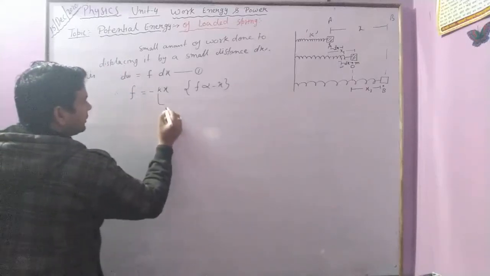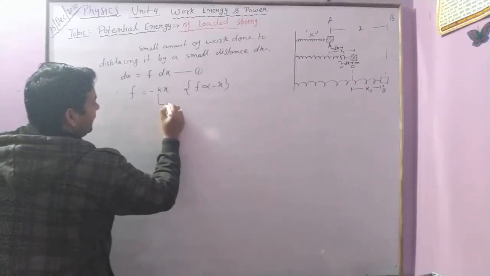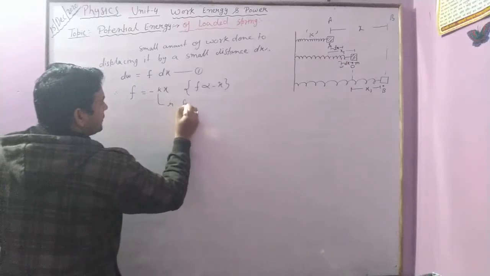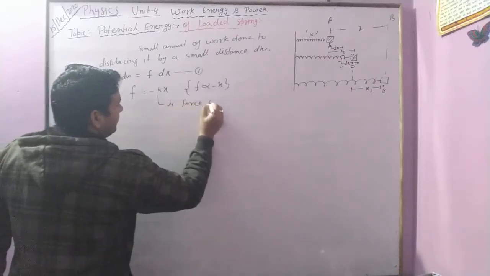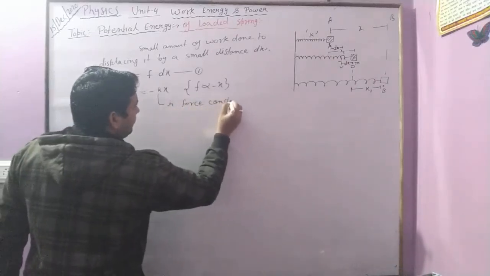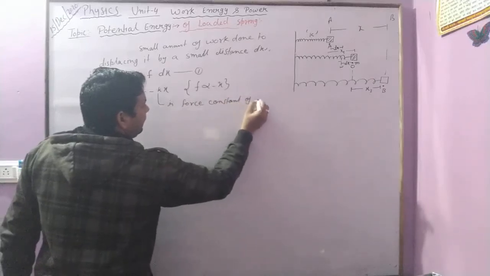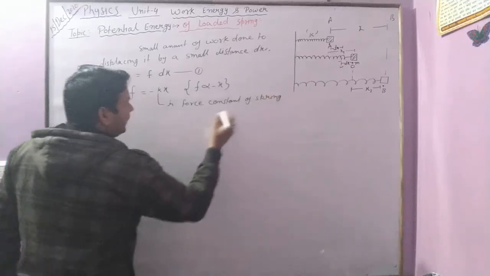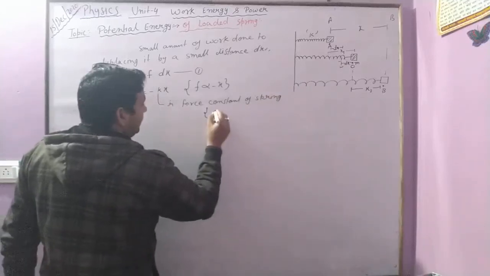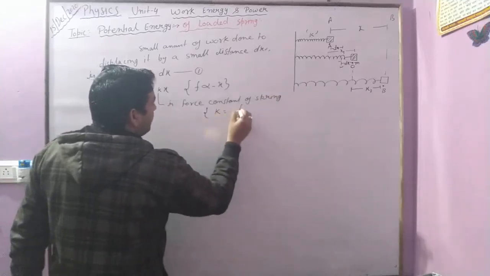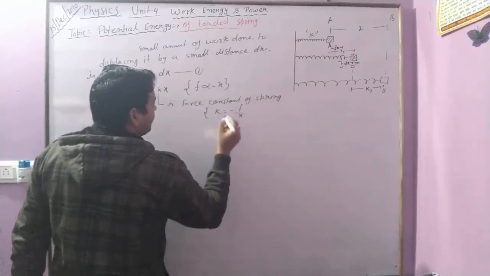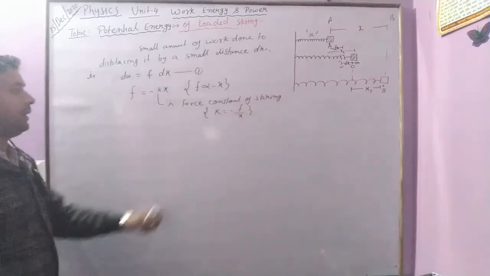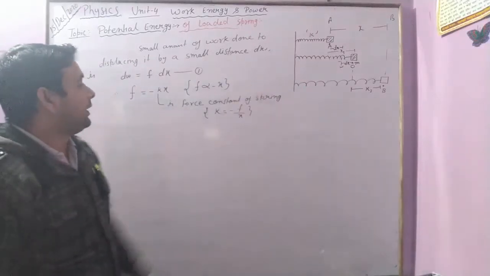Here K is the force constant of spring, which is calculated further as K is equal to F upon x. This is how we calculate the force constant of spring.